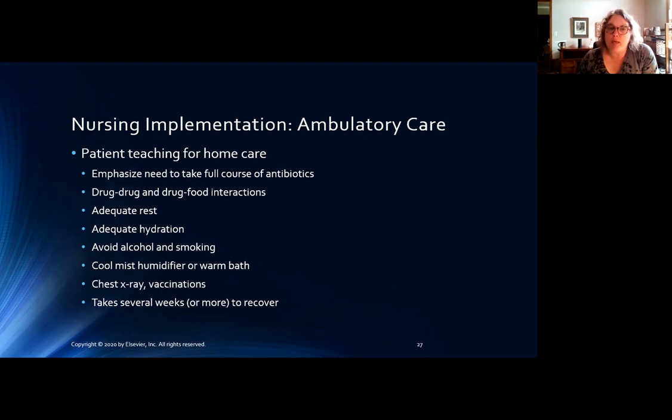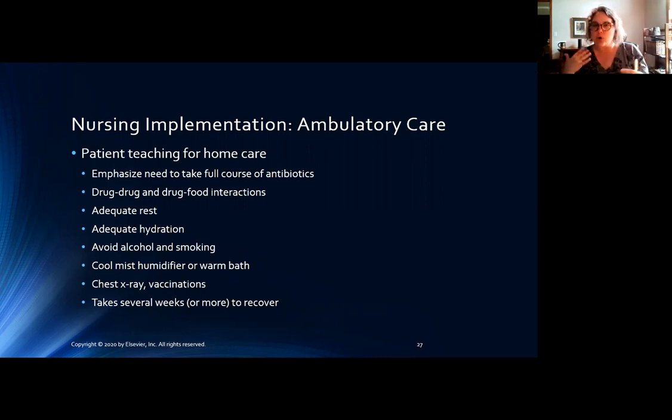Avoiding alcohol and smoking. Alcohol and smoking will be interfering with your body a lot. Cool mist humidifiers and warm baths are really helpful. That cool mist humidifier or the warm bath has almost a hydrating effect within that upper airway, which will decrease their cough, which will help make them more comfortable.